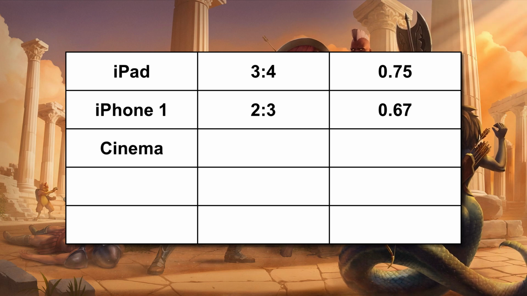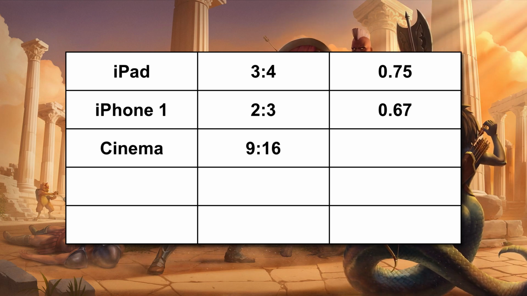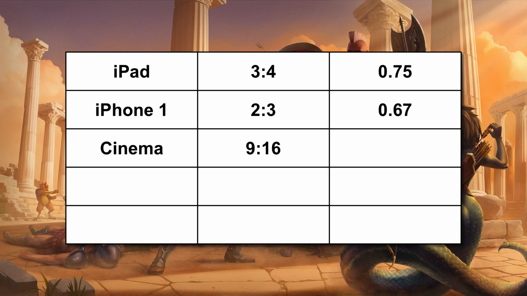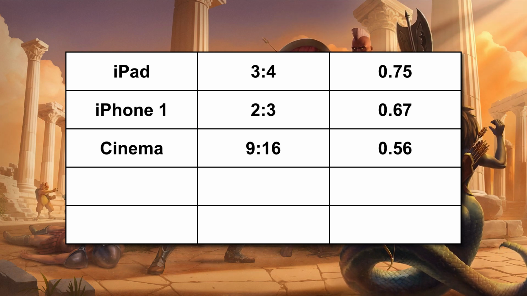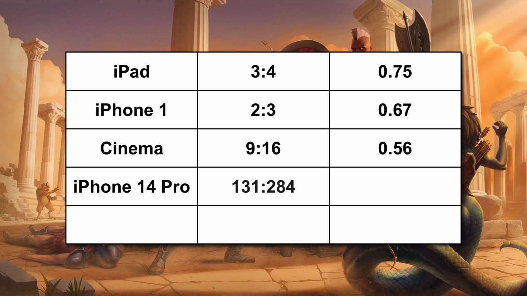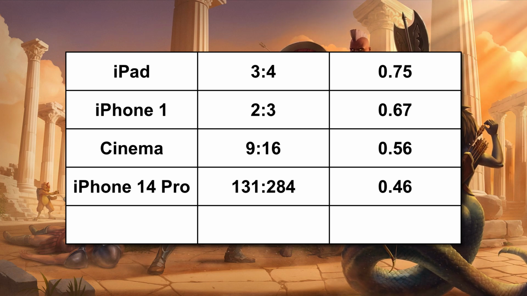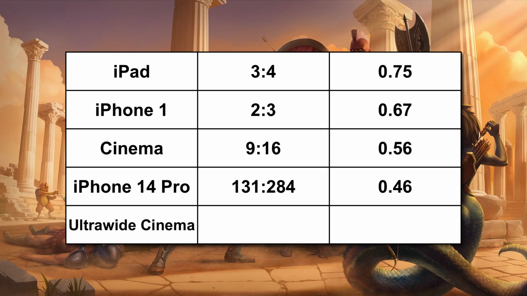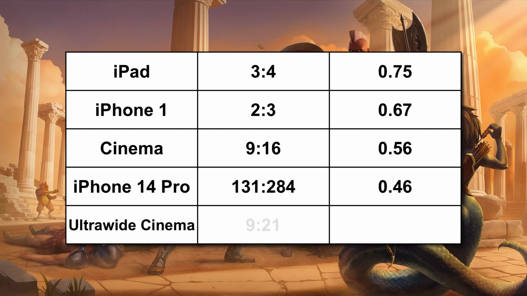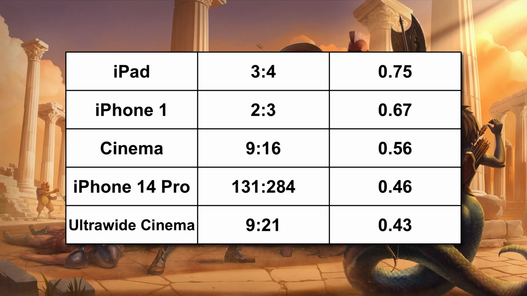The common cinematic display ratio of 16:9, or 9:16 in portrait mode, is 0.5625. Current iPhone 14 Pro is 131:284, or 0.46.